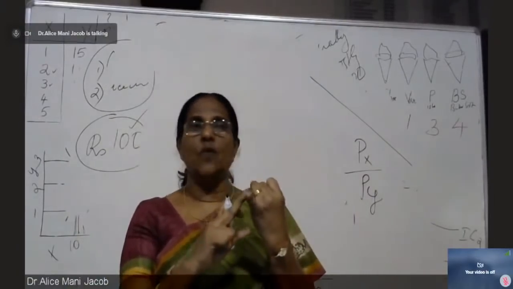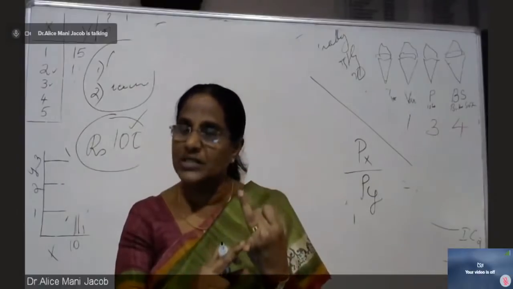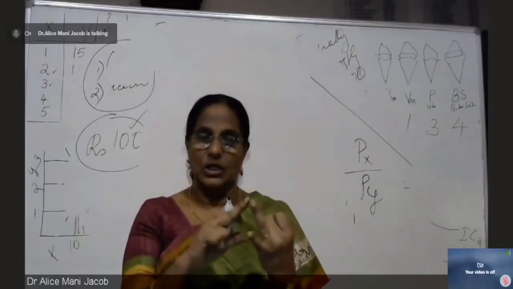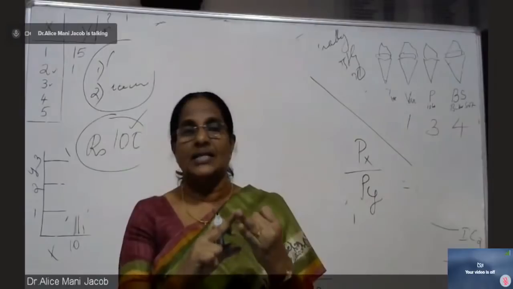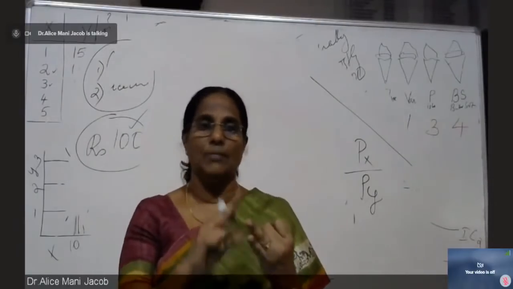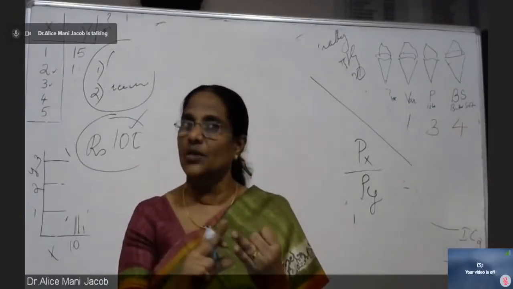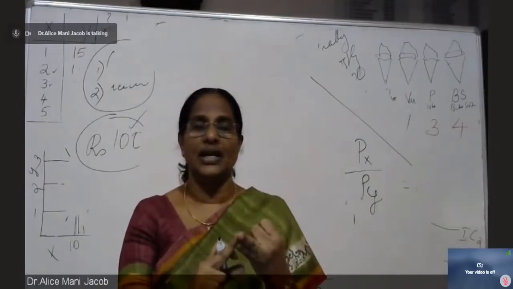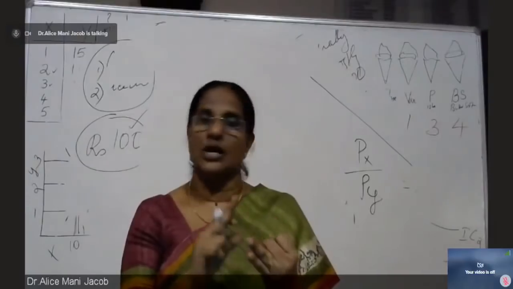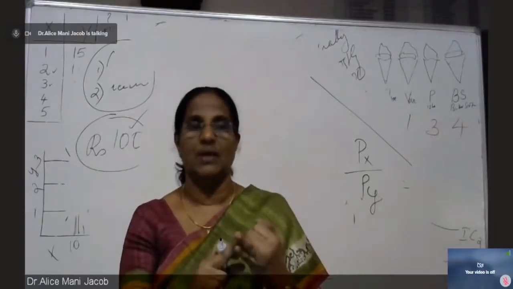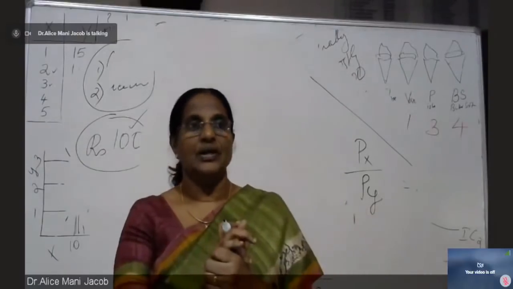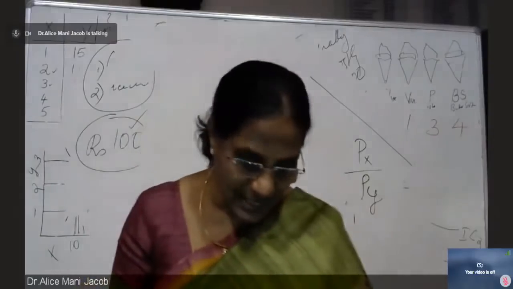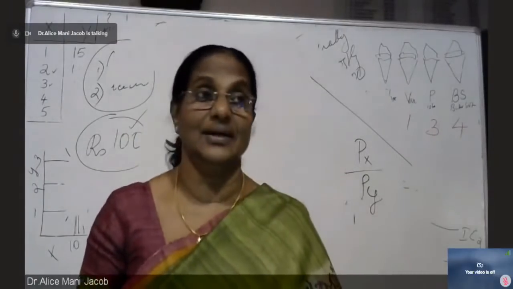Number 1, the slope of the indifference curve is MUX by MUY, and the slope of the budget line is the price ratio of commodity X and commodity Y. Here it is the price ratio of chocolate and ice cream, because you are consuming 2 commodities, Px by Py. The slope of the budget line is constant, right?